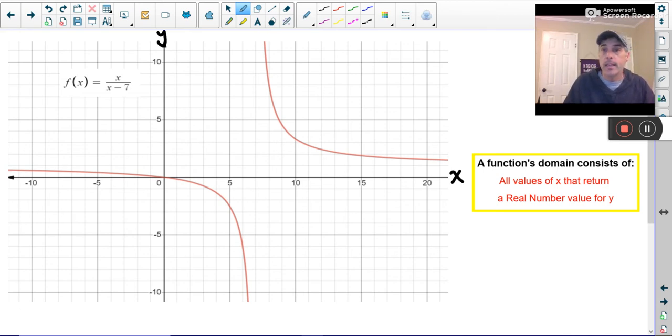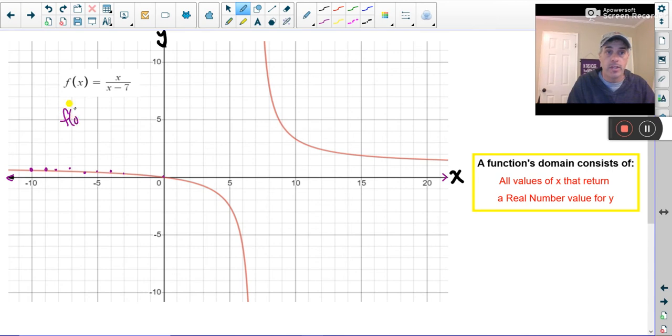So let's remember that a domain is all x values. So we're looking at the x-axis, and I'm thinking, is there a value at negative 10? Yes. The input of f of negative 10 gives me an output. So does negative 9, negative 8, negative 7, negative 6, negative 5, and so on. All of my x values, x value of 0 returns something.